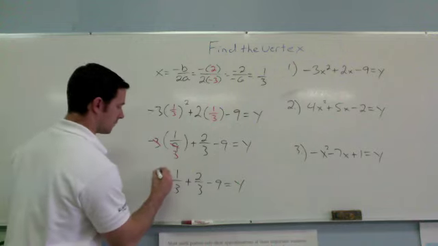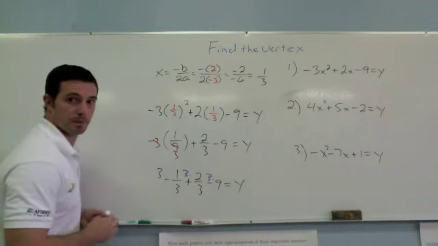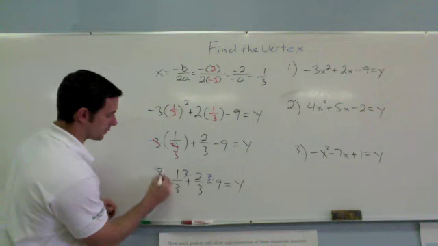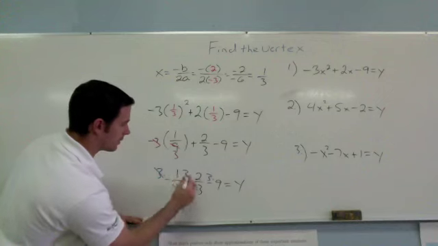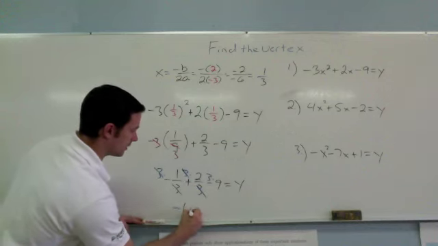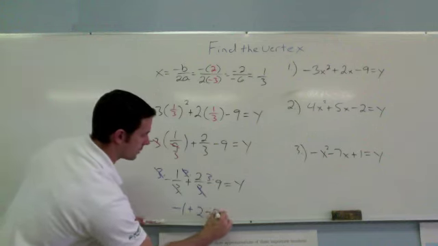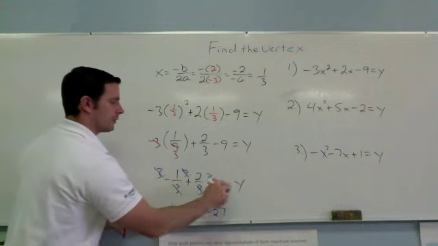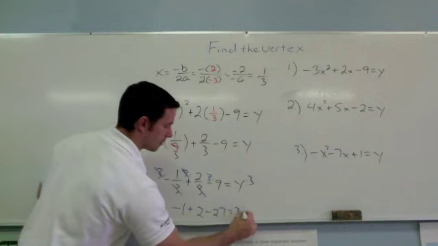so times 3, times 3, times 3. Here, the 3's cancel out, leaving me negative 1. Here, the 3's cancel out, leaving me plus 2. And then multiply minus 27. And don't forget to multiply times 3 over here. Equals 3y.